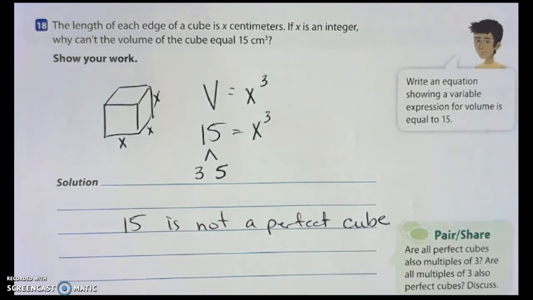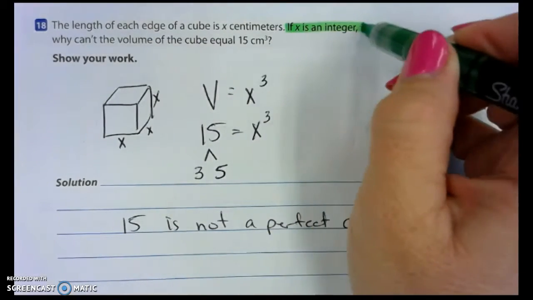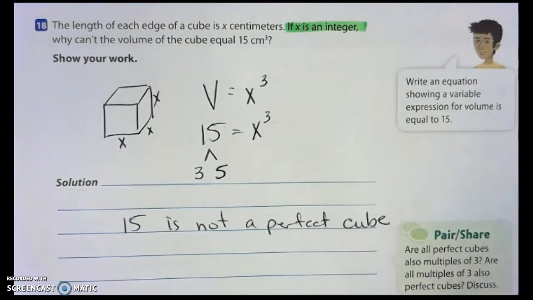Now I know what you're thinking. Well, why can't it just be some decimal that would give us 15? But they put stipulations in the problem. They said that if x is an integer, why can't it be 15? If you remember what an integer is, you know that an integer is all of the positive and negative whole numbers and 0.